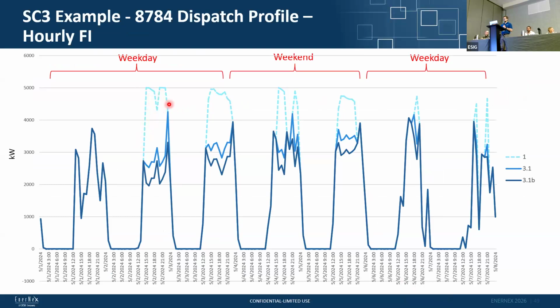What did the plant output at this hour of the day? And then you can see how the hourly limits are applied to 3.1 and 3.1b here. You can see the amount of curtailment necessary in order to keep the violations down. So this is an example of the hourly limits being applied.